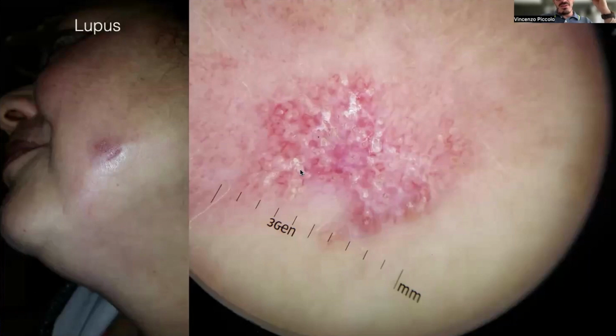What you see at the dermatoscopy is the presence of all these follicular plugs associated with follicular erythema and linear vessels that are quite typical of lupus erythematosus, then confirmed by histopathology and treated with hydroxychloroquine in this patient, and sunscreen. Please remember about that.